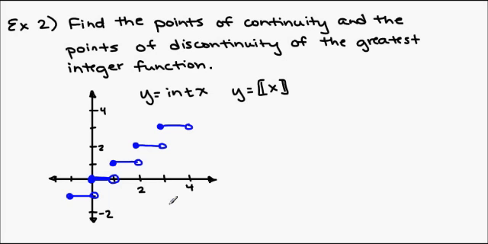So for a function to be continuous at x equals c, and that would be like x equals 2, x equals 3, the limit as x approaches c must exist. So the limit must exist, and it must equal the value of the function at x equals c.